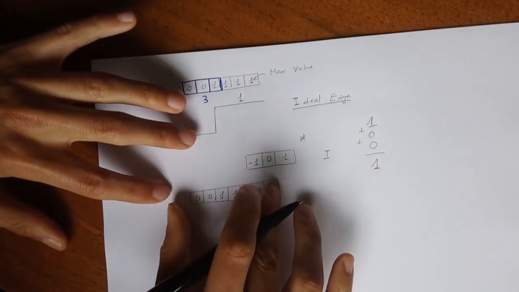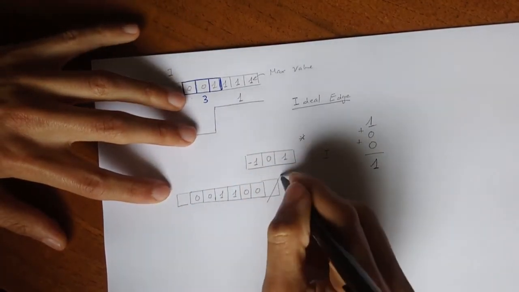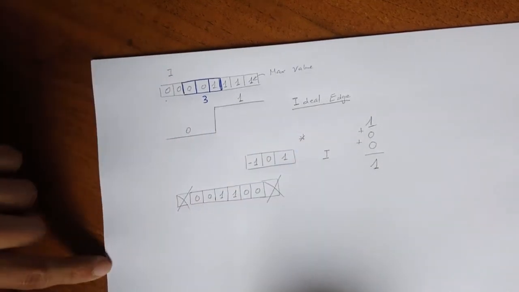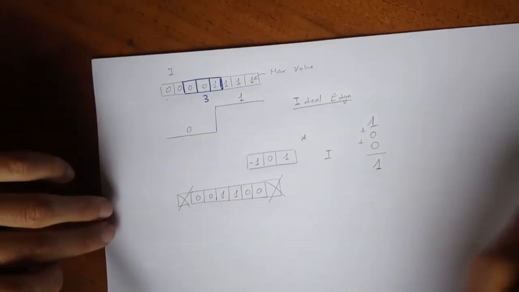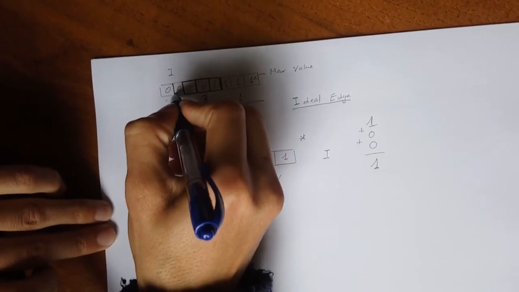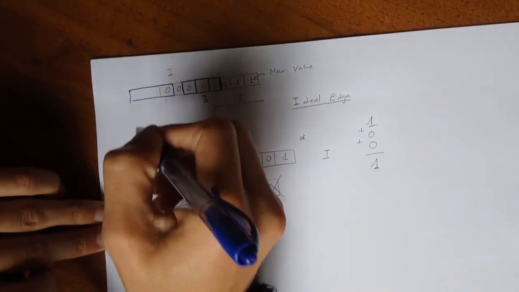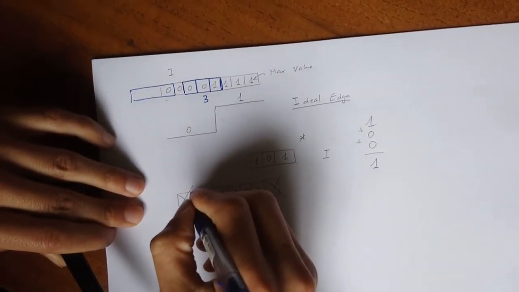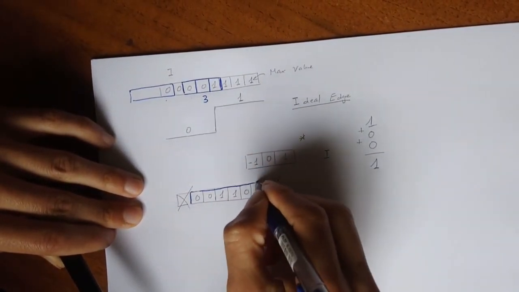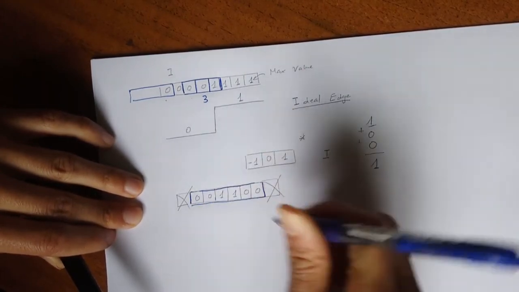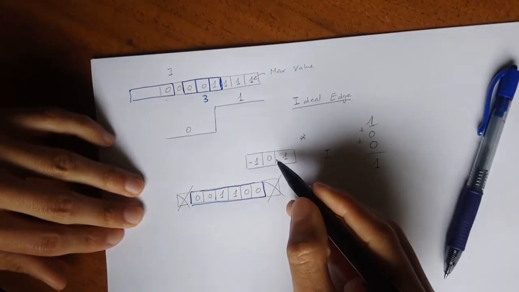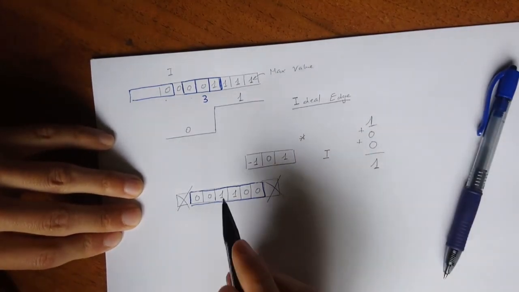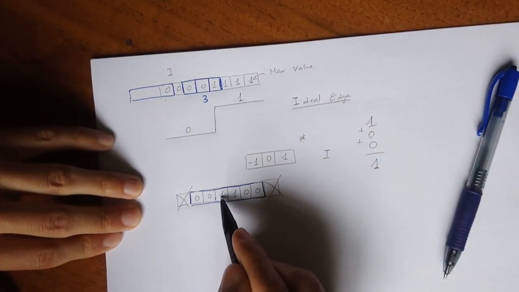So I said only 6 elements, not 8 elements. So here I would have nothing, just because the mask cannot go outside the image. Of course, there are methods to deal with that problem, but this is not the purpose of this video. So this is my output image after convolving it with this kernel.